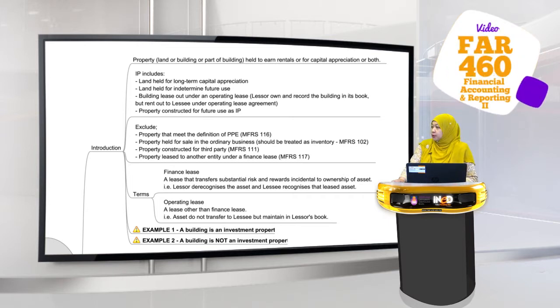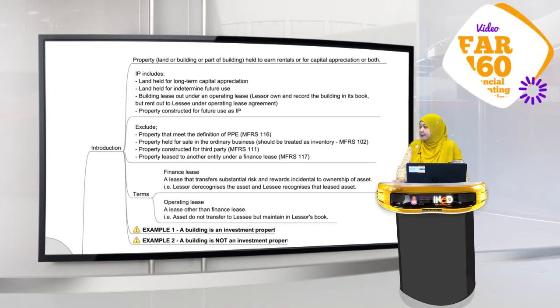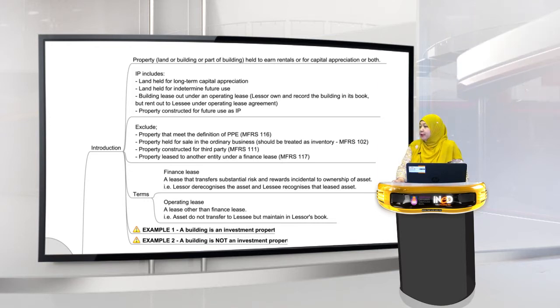Okay? So, what is the difference between finance lease and operating lease? Under MFRS 117, they have provided the definition and distinguish the difference between finance lease and operating lease. A finance lease is a lease that transfers substantially all the risks and rewards incidental to ownership of an asset.